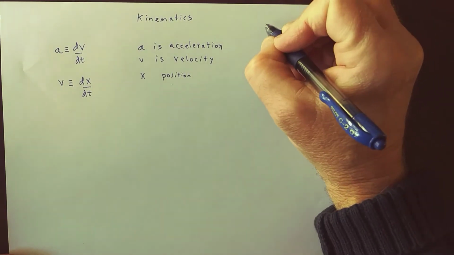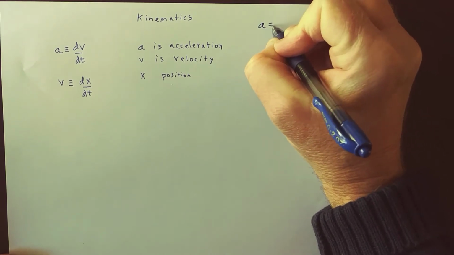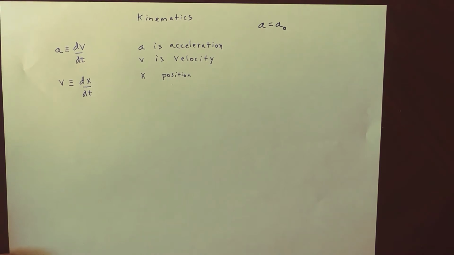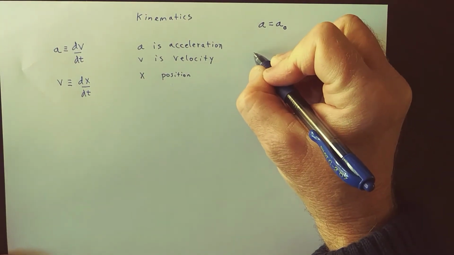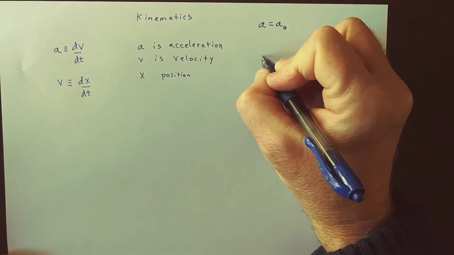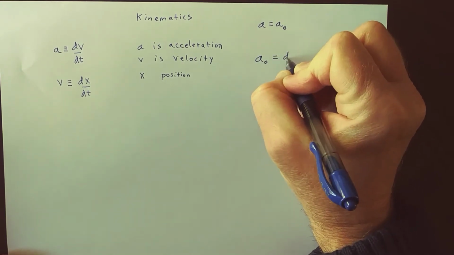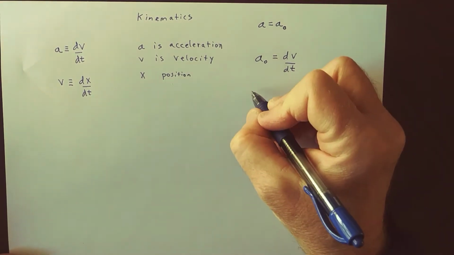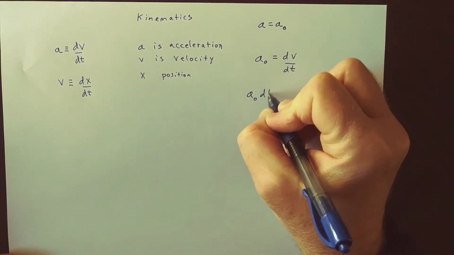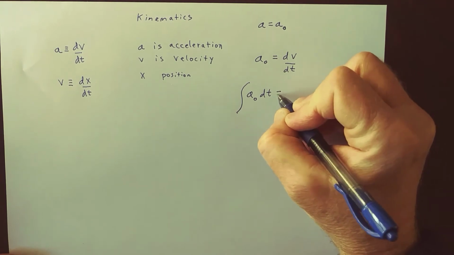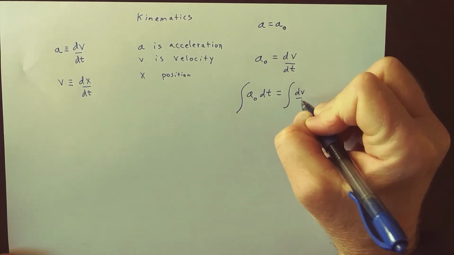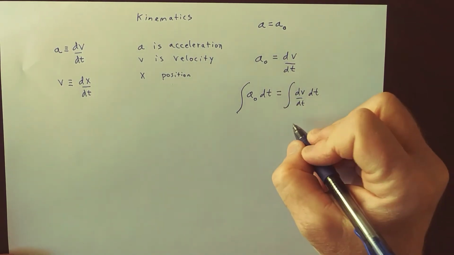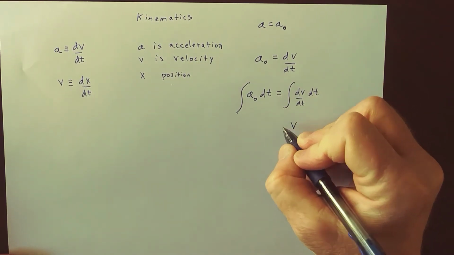So let's say we have the acceleration of an object and it's a known quantity, it's a constant, let's call it A naught. Okay, so we know that A naught is equal to dV by dt, and so we can integrate both sides in time to get V. Right?